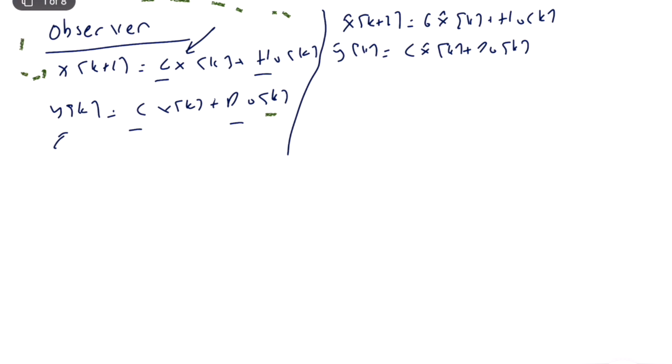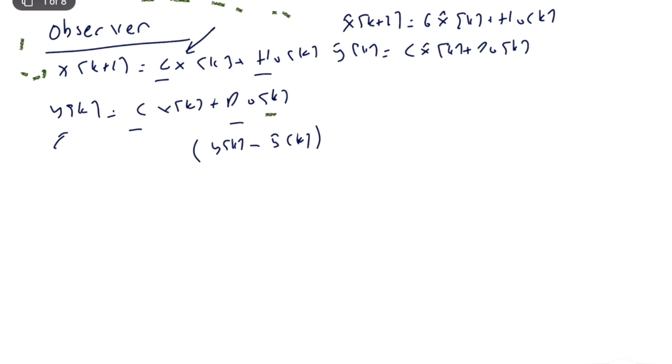So the basic idea is very simple. I try to compare y of k and y hat of k, so the actual output and the predicted output. One is measurement, one is estimation. And this difference is key for constructing an observer. It is like the difference between reference and output signal, but this is the difference between output and predicted output.